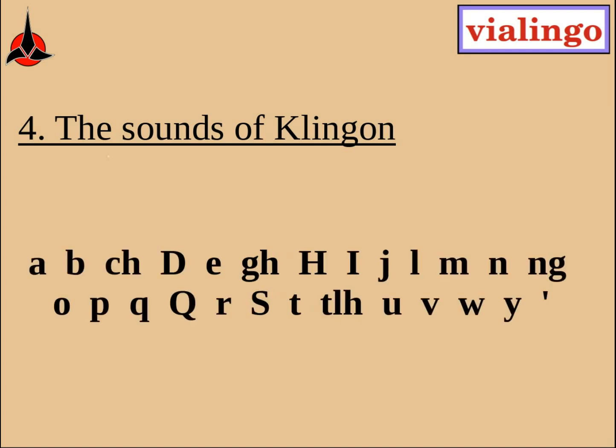Here is the Klingon alphabet as we humans normally write it. There are 20 consonants, 5 vowels and 1 special sound which is written as an apostrophe and treated as a letter in its own right. In an English sentence, the first letter is always a capital letter, but that isn't the case in Klingon.